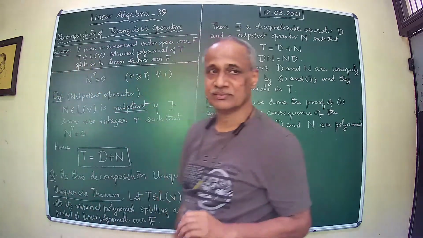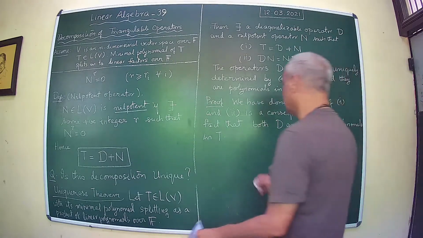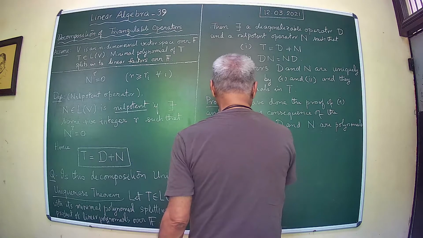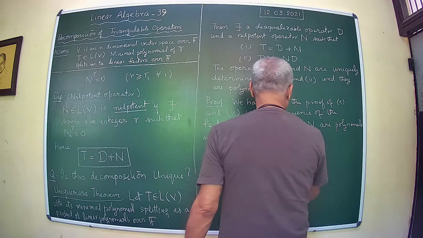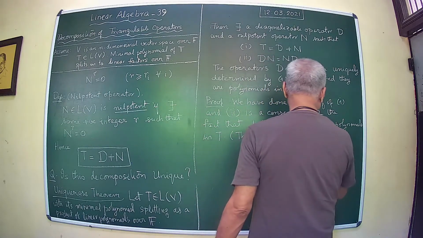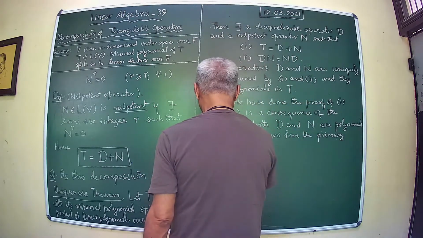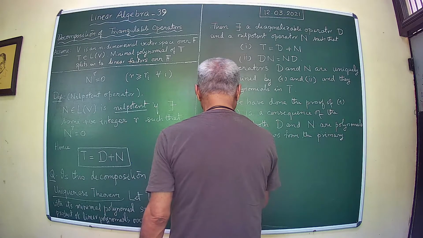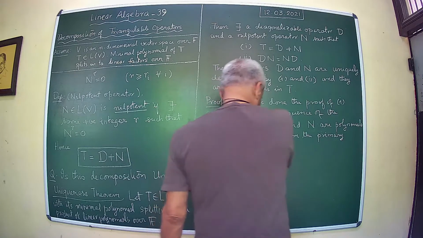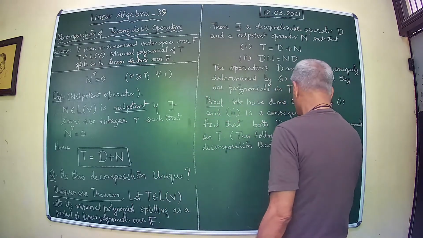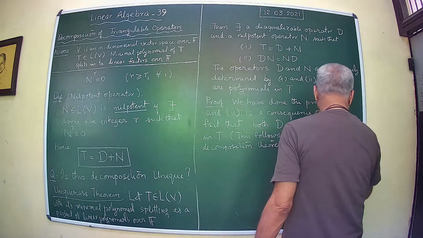Therefore, it immediately follows. So this follows from the primary decomposition, where we have all the Pi.